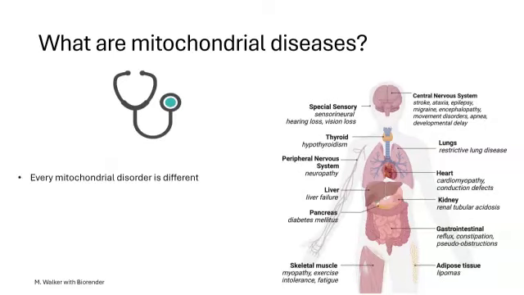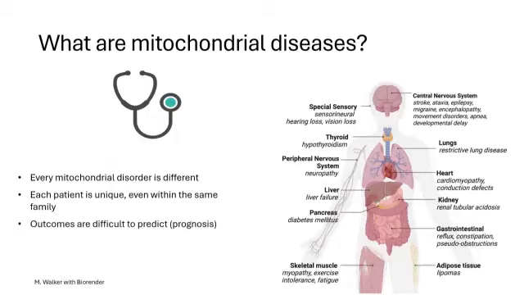But every mitochondrial disorder is different. And every patient, even within the same clinical syndrome, will have differences in symptoms, differences in severity, and different experiences, which is one thing that makes these diseases so difficult to diagnose and to treat. Every patient and every family is unique, and every patient within a family.